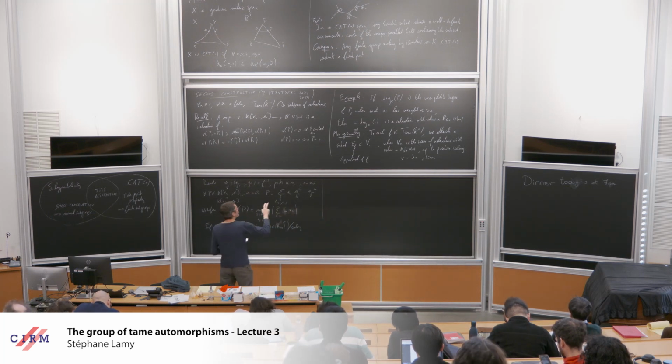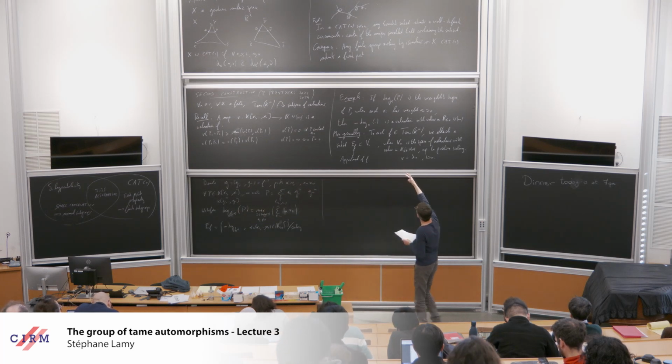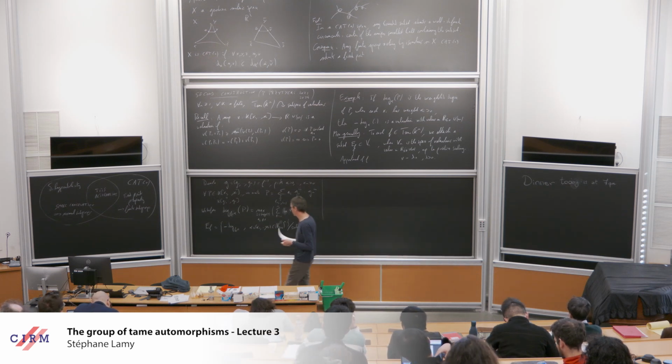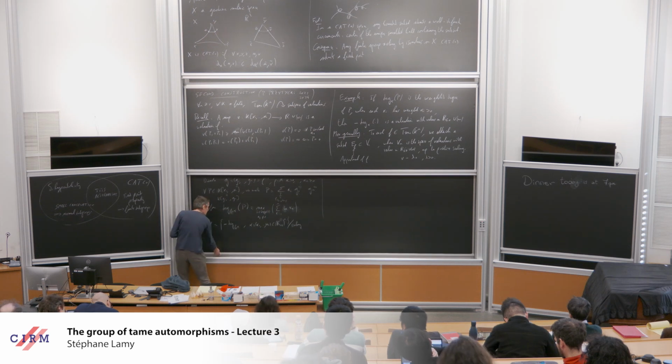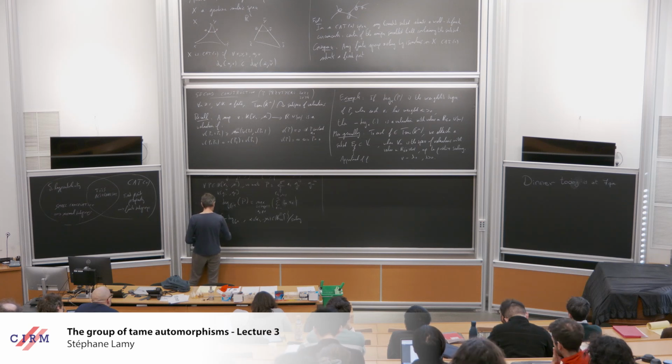So the weighted degree, the initial one, the usual one, corresponds to the choice of f the identity. If you do that with f the identity, you find the ordinary weighted degree, and this I call the standard apartment.